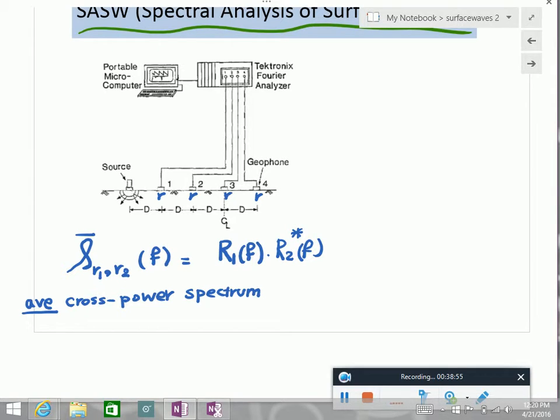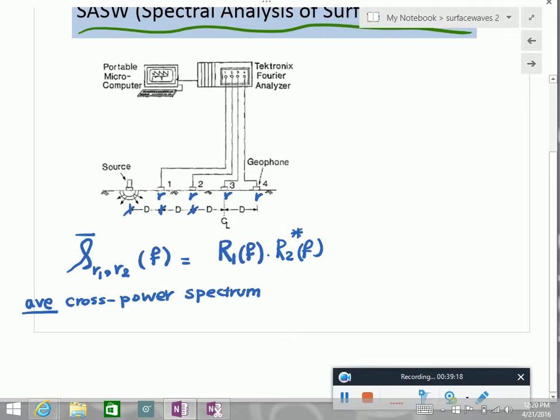Depending on this spacing, you may get better or worse results. There are papers written just on what the best spacing should be, but this is a good one. Some people say the distance between 1 and 2 should be larger, I think including my advisor. But I think equal distance is a good way to start.